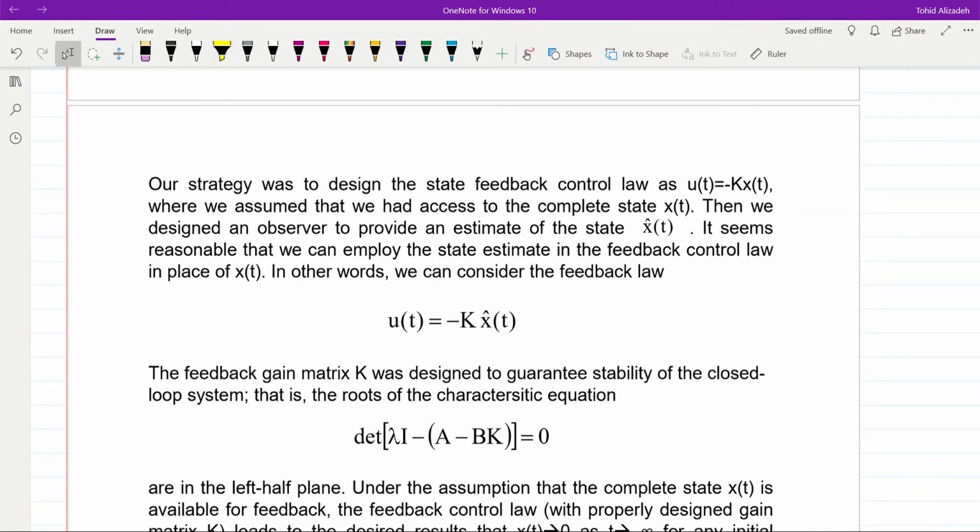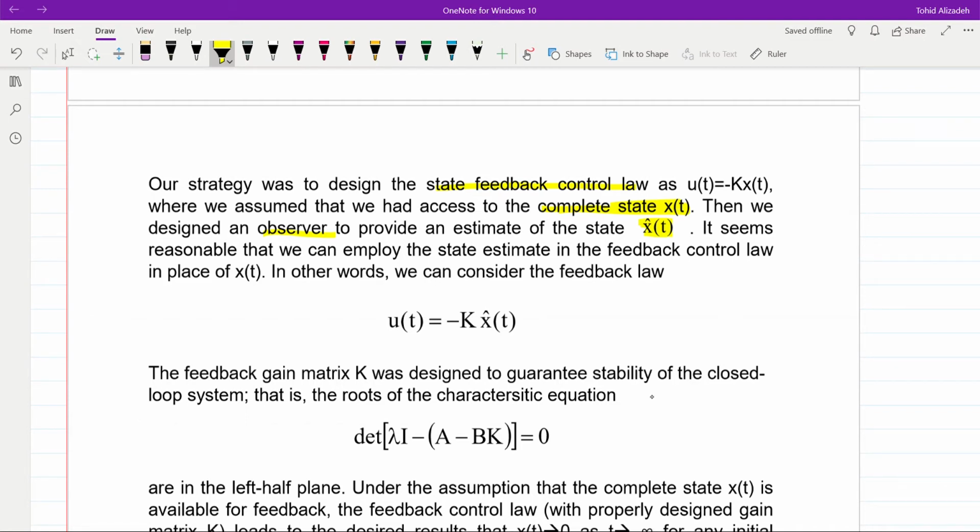So our strategy was to design the state feedback control law as u equal to minus kx, as I just mentioned, and we assumed that we had access to the complete state x. Then we designed the observer to provide an estimate of the state x hat. And now it seems again reasonable that we can employ the state estimate x hat in the feedback control law in place of x.